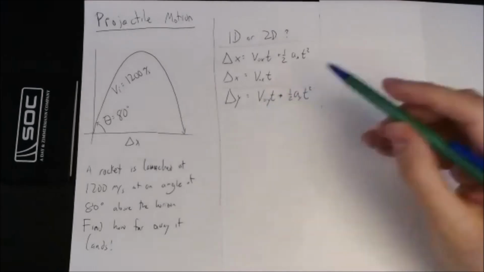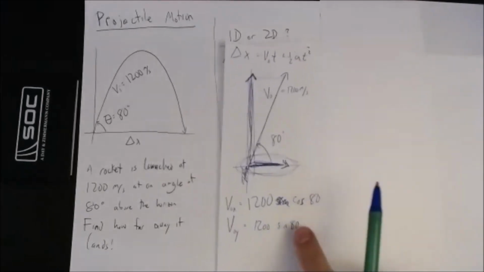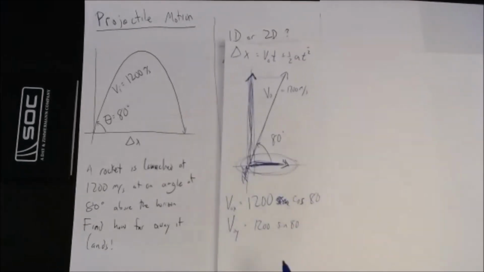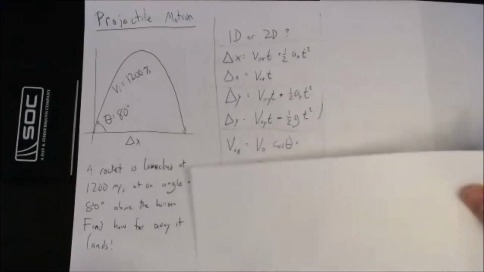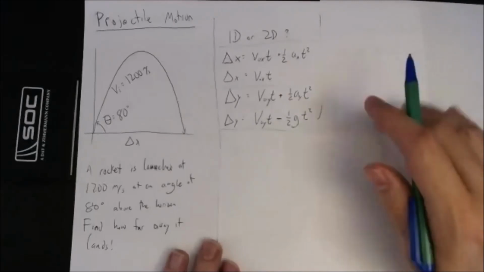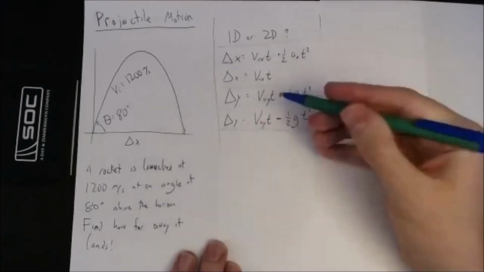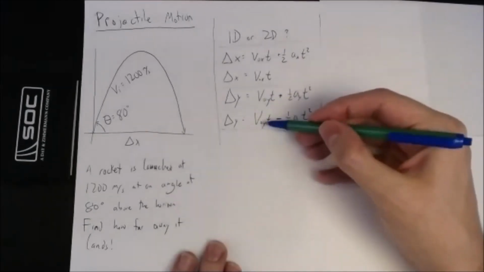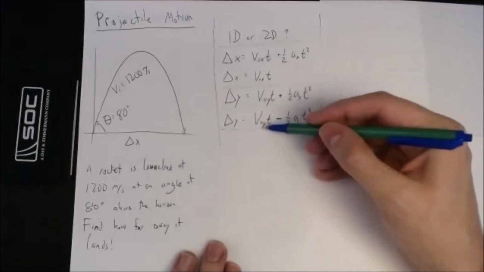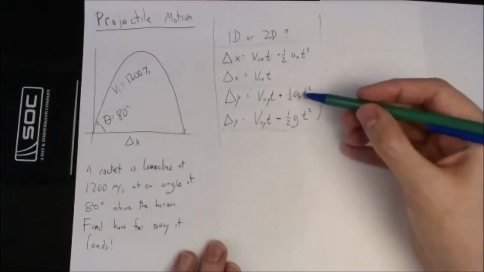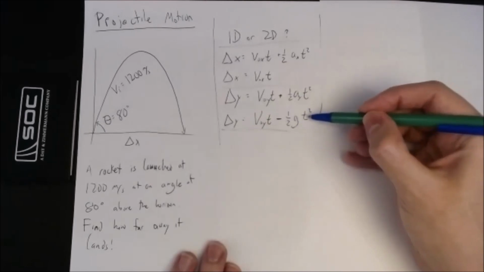V naught y is what we figured out right there. Excuse me, I'll point this way. Figured that out right there. So we can say instead delta y is equal to v naught y, which we really already calculated, and we can just plug that in whenever, times t minus 1/2 gt squared.